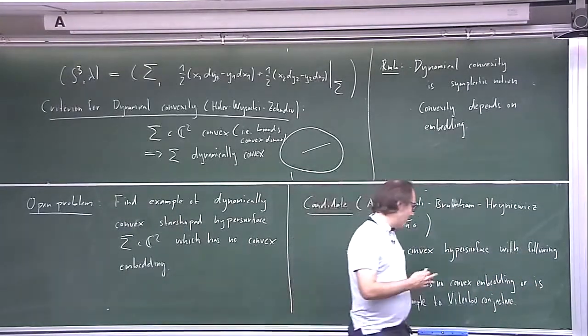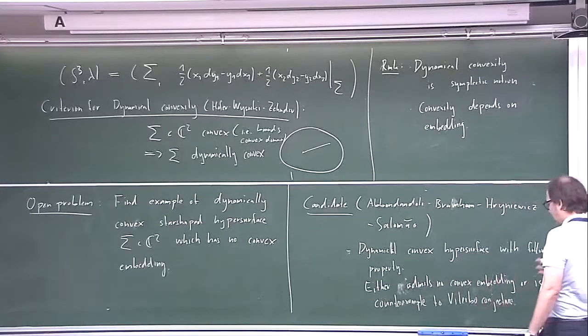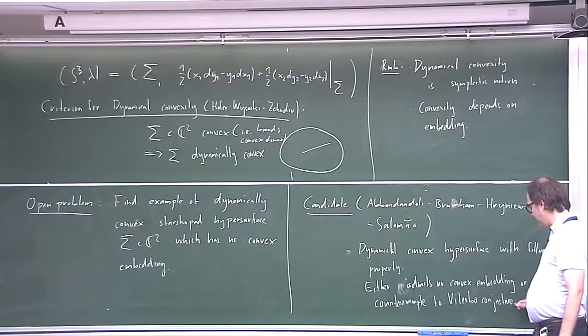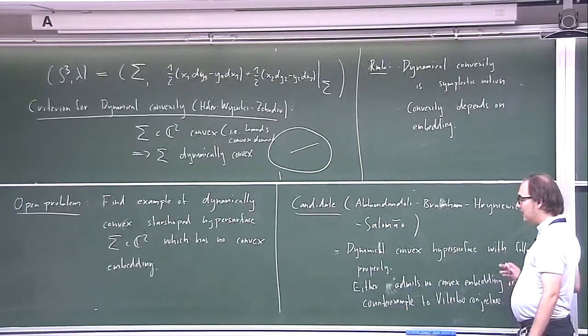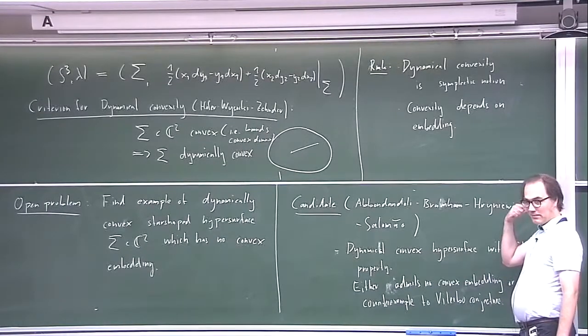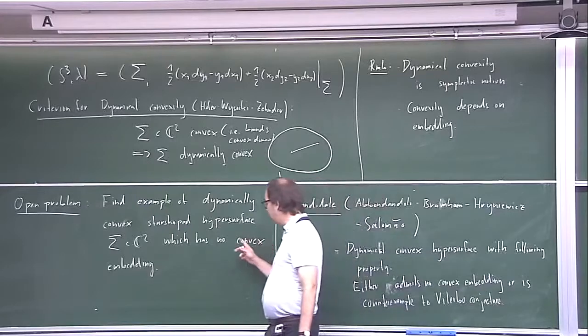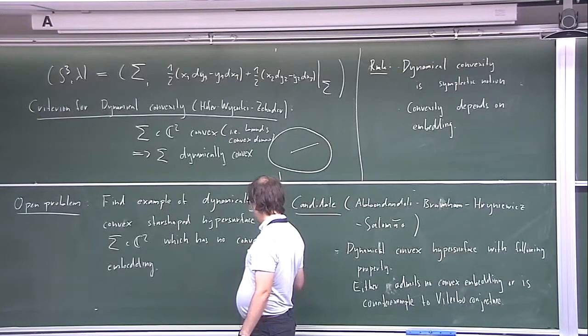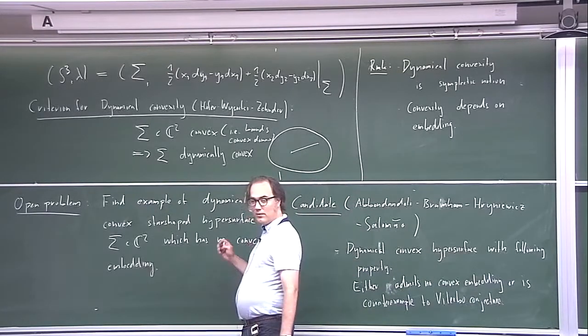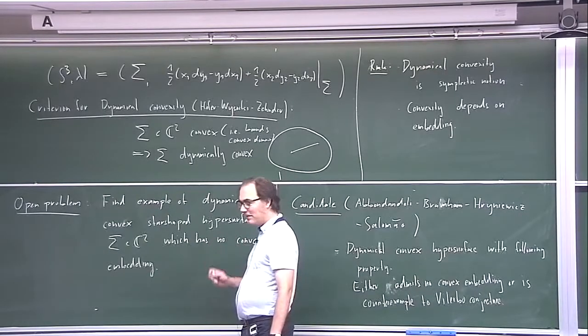I don't want to discuss the Viterbo conjecture much, but this is also related to systolic questions, because if you have a convex embedding, you have good systolic inequalities.